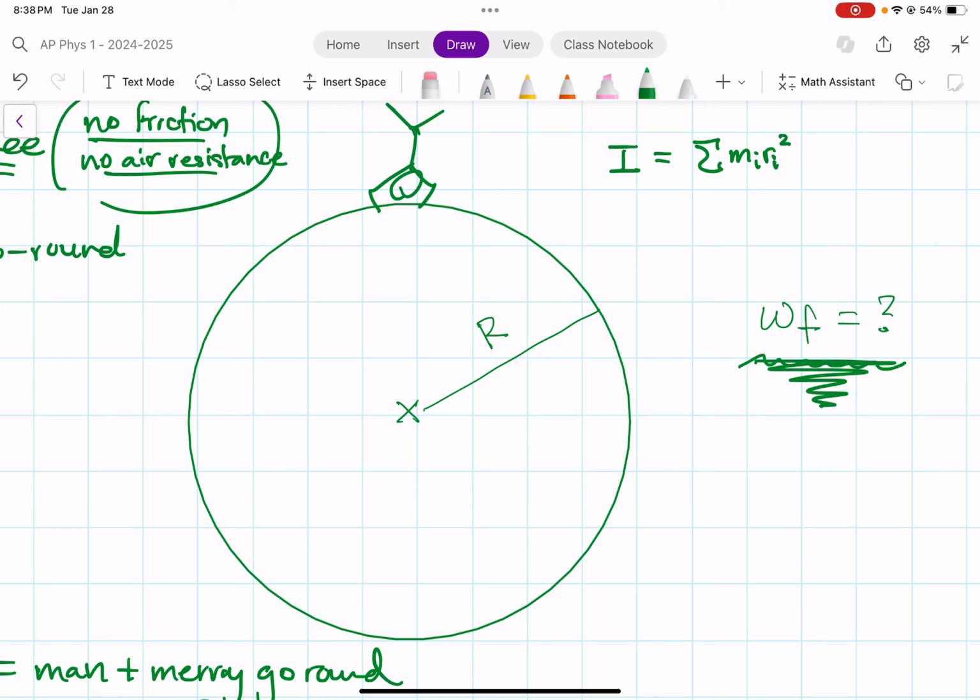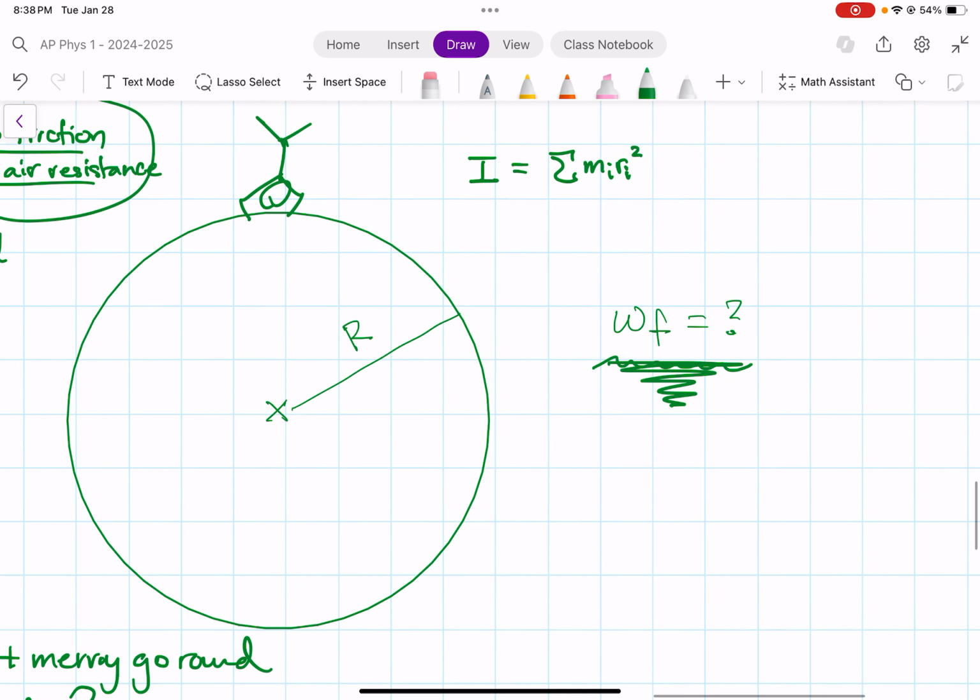All right, so it stands to reason, if you think about what this means, if we're talking about I of the system, we could split up this sum into just I of the man plus I of the merry-go-round. If we add up those rotational inertias, we get the rotational inertia of the system. Well, we have a formula for this one.